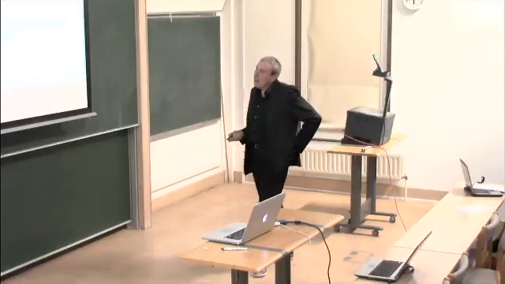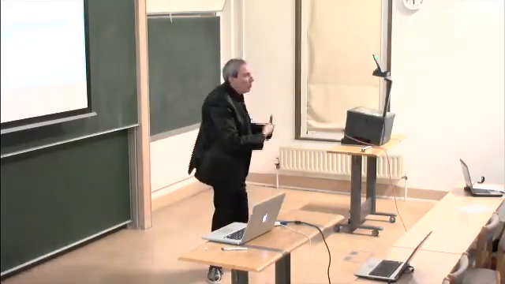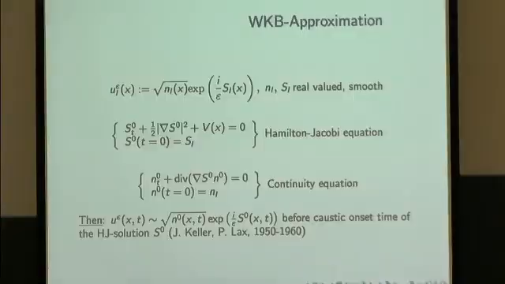Then you can compute an approximation to the wave function by solving the Hamilton-Jacobi equation, whose Hamiltonian is just the eikonal term, or whose Hamiltonian, if you want, is the symbol of the Schrödinger operator. Then you need to solve the linear continuity equation, whose velocity field is given by the gradient of the phase.